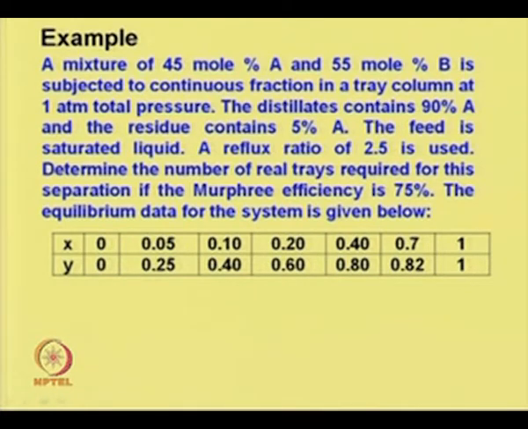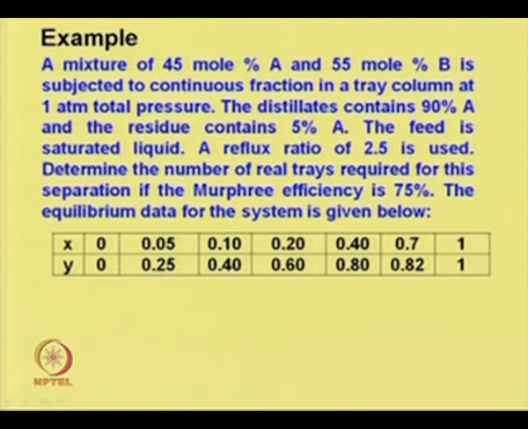The distillate contains 90% A and the residue contains 5% A. The feed is saturated liquid. A reflux ratio of 2.5 is used. Determine the number of real trays required for this separation if the Murphy efficiency is 75%.